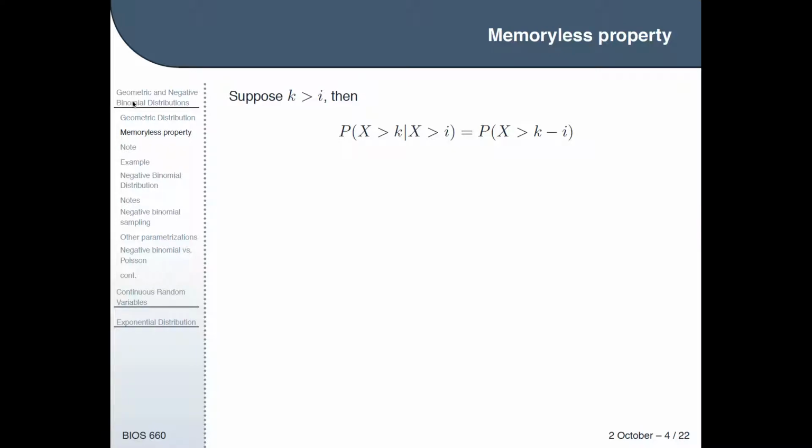The fact that you've got X number of failures initially doesn't tell you anything about when you're going to get your next head. And proving this mathematically is easy.